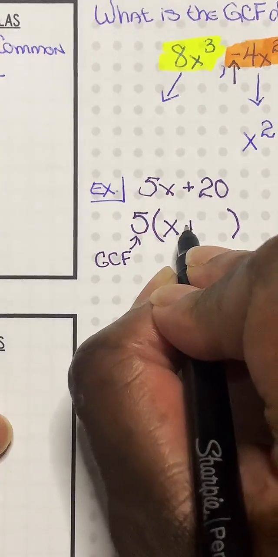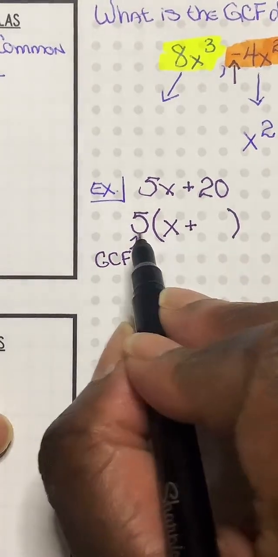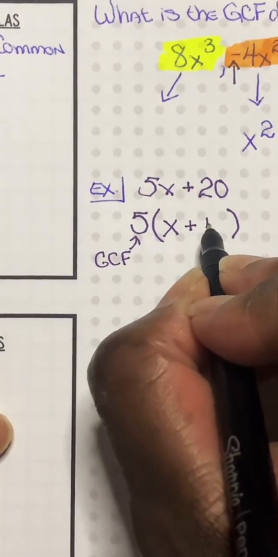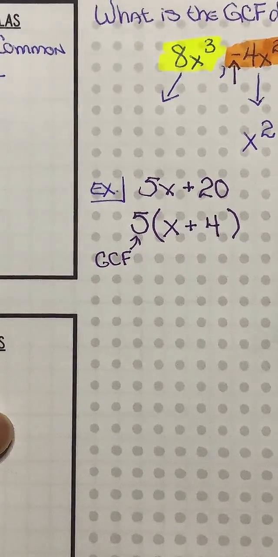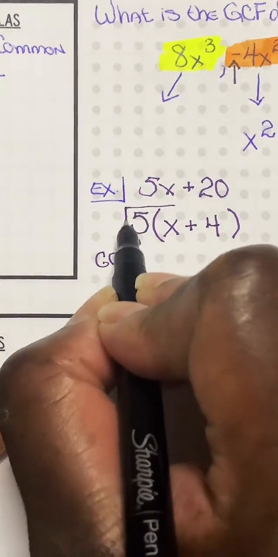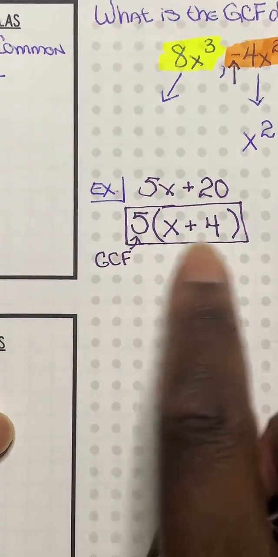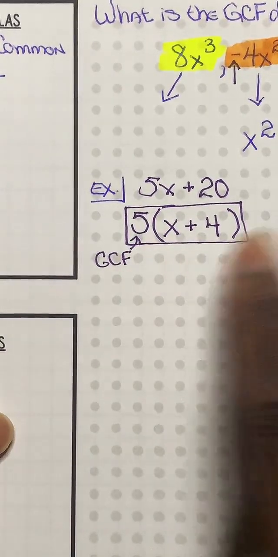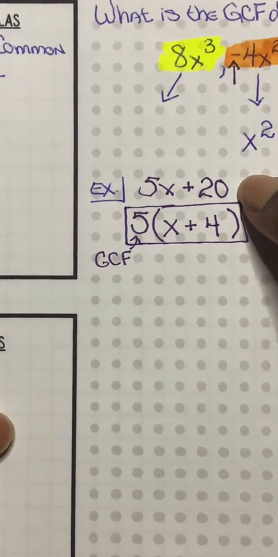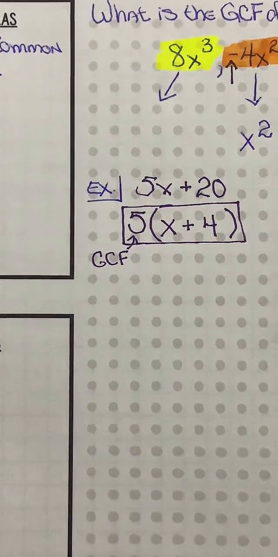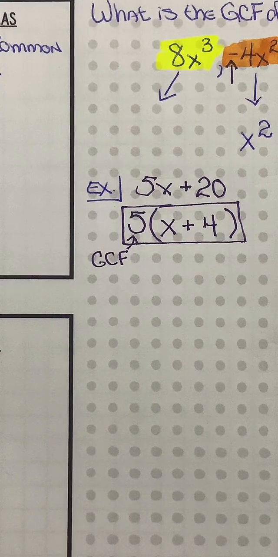Bring the plus sign. And then 20 divided by 5 will give me 4. So this will be your two factors that you can use to multiply to get your 5x plus 20. Okay. All right, so we're going step by step. Yes. Thank you, doctor. That comma is the key. Thank you. All right.